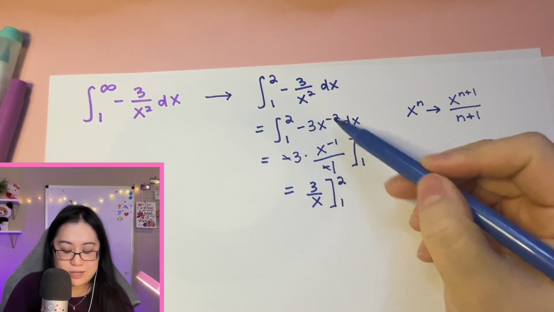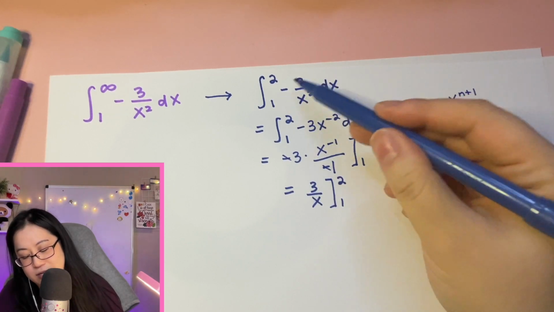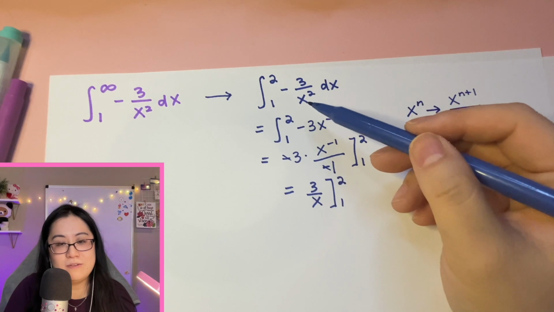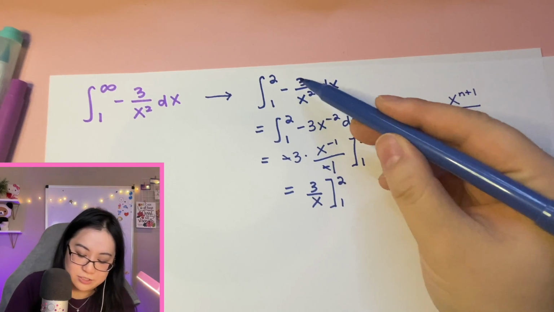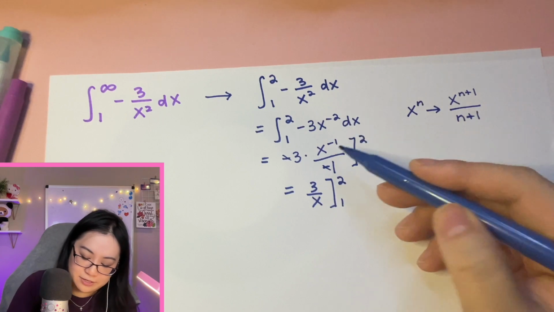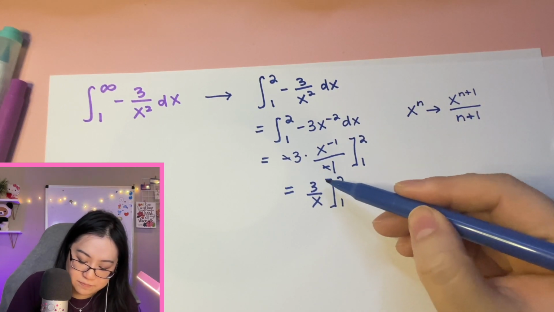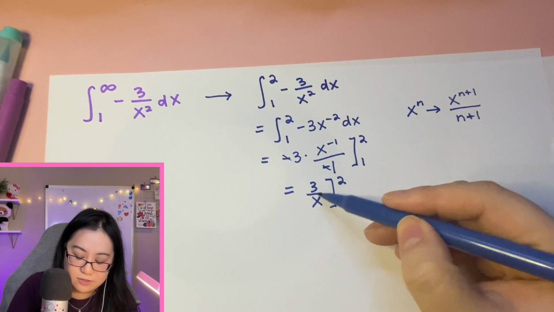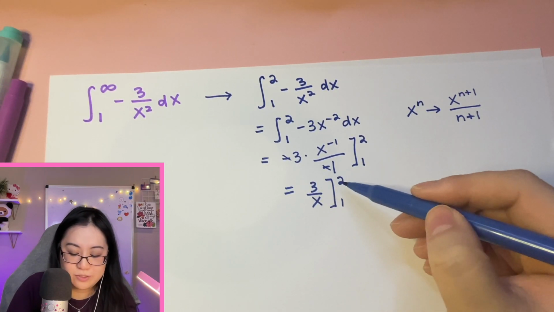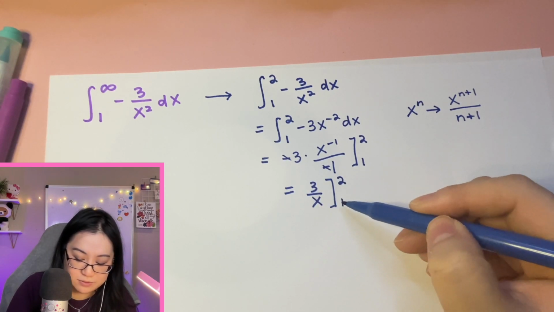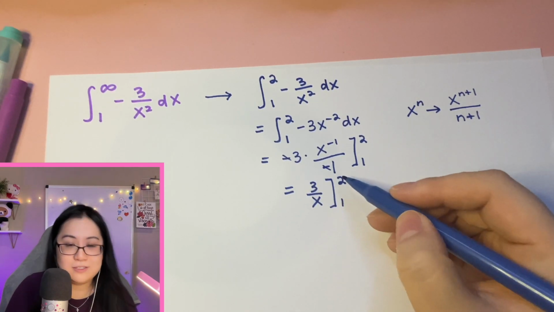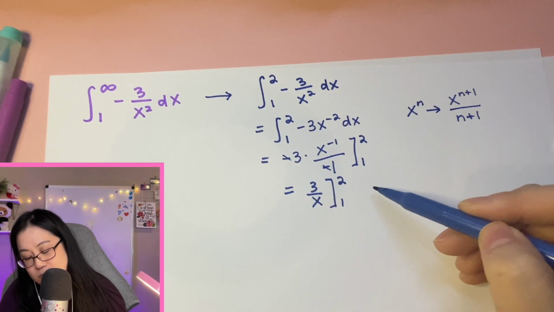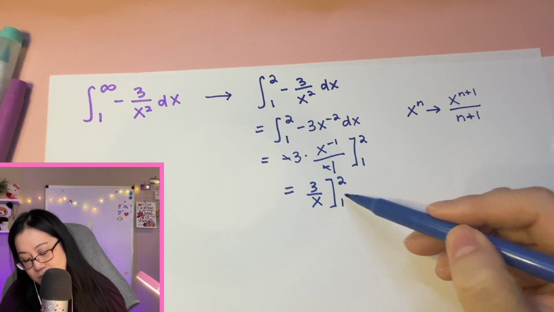So basically I calculated the antiderivative of this inner part. If you're familiar with the fundamental theorem of calculus notation, we're talking about capital F. So here we have 3 over x is our antiderivative, and then we just want to plug in the upper bound, so capital F of 2 minus capital F of 1. But basically you just plug in the upper bound and then subtract whatever you get when you plug in the lower bound.